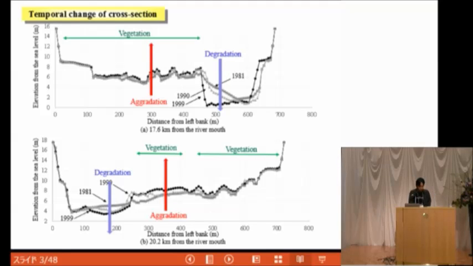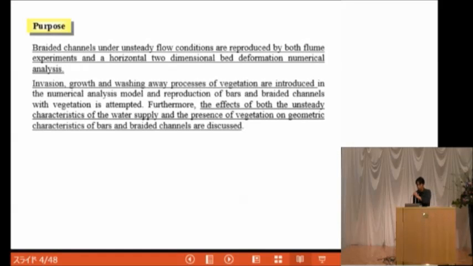So many researchers are working on the interaction between the bed geometry and the vegetation. In this research, we try to reproduce the braided channel under unsteady flow conditions by experiment and numerical analysis. In the model, we try to consider the invasion, growth, and wash-away process of the vegetation.